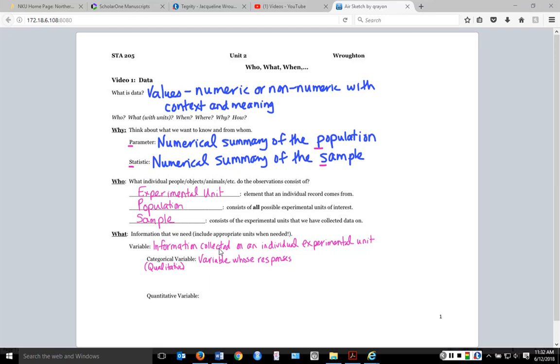And we will go through a couple of examples of these, but we're going to talk about the other type of variable first, so we can figure out when I give you a variable which one it is. So a quantitative variable is a variable whose responses consist of numerical values. But we're going to add a little bit to that.